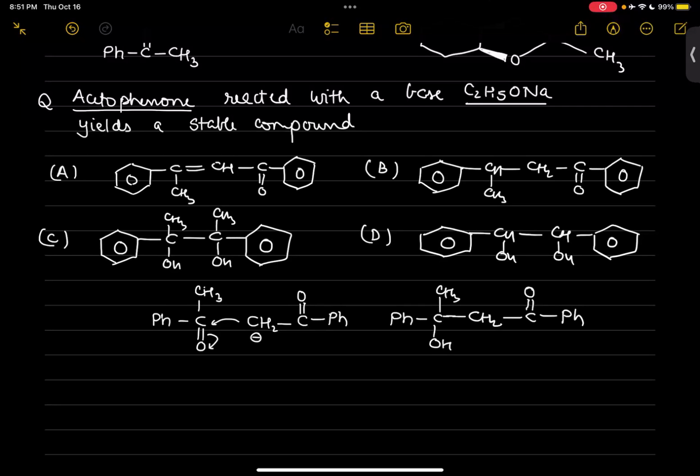So we get a beta hydroxy aldehyde or a ketone. Is there any option which resembles this? The answer is no. So which is the right answer?